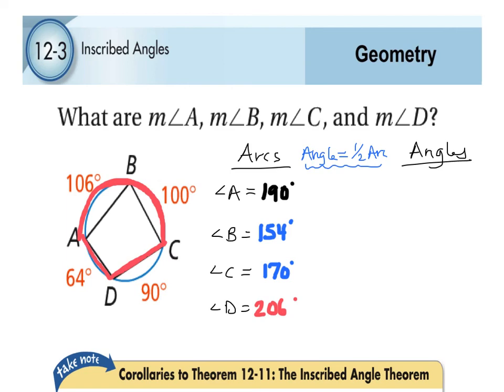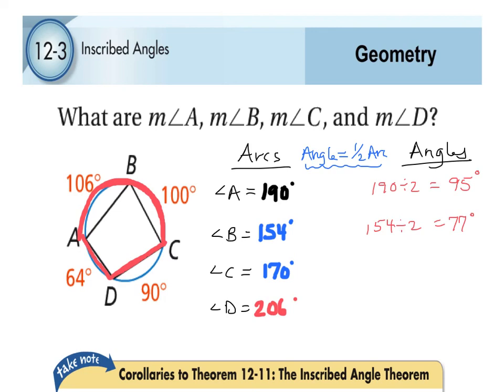If I take 190 divided by 2, that gives me the angle, in this case 95 degrees. Angle A is 95. Angle B, if I take 154 and divide it by 2, is going to be 77 degrees.